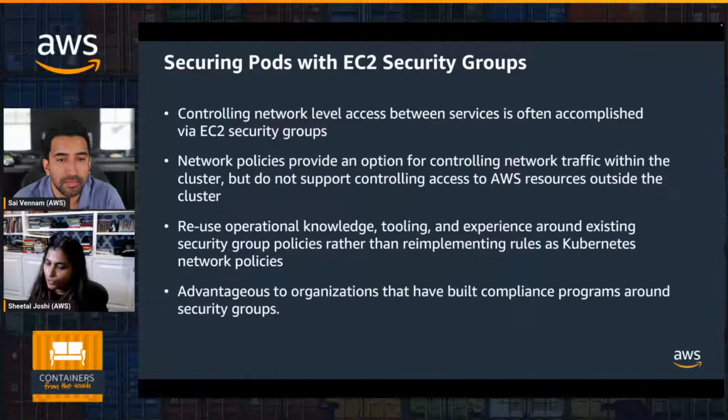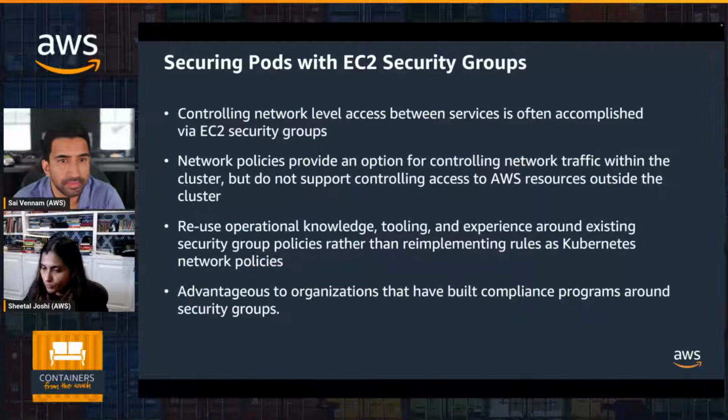They want to reuse all of the operational knowledge, tooling, and experience around security group policies rather than implementing Kubernetes network policies. That is one way to think about it. And this is exactly what security groups for pods offers you.